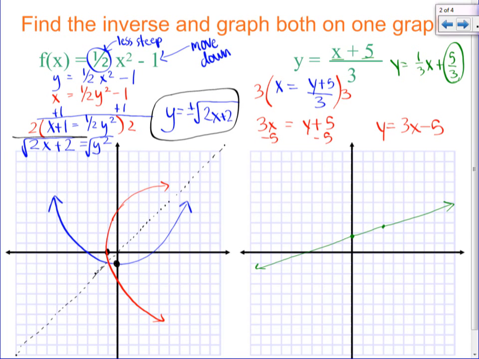Now let's do the red one, the inverse. Where's our first dot on that one? -5. So we've got right here. And where are we going for slope on that one? Up 3 over 1. Remember there's a 1 there, so we go 1, 2, 3 over 1.